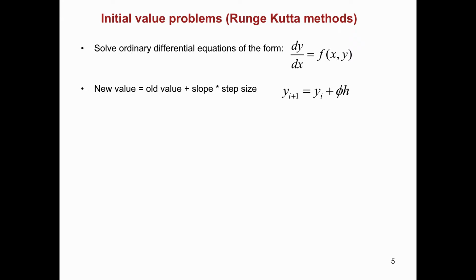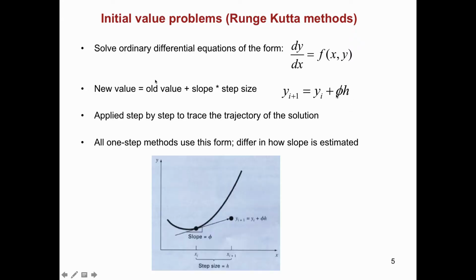So the simplest thing is to start from a value that you know, and after that, h is basically my spacing in my discretization. So I'm going to say, okay, my new value of y, or y at the next point, is what I had at the previous point plus slope times h. And this really comes from, let's see, so basically I have my xi and xi plus 1.